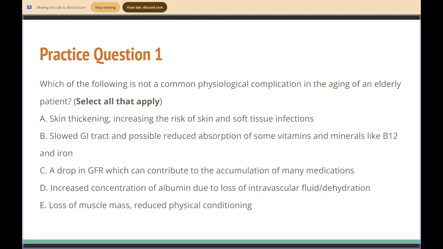So A is going to be skin thickening, increasing the risk of skin and soft tissue infections. Choice B, slow GI tract and possible reduced absorption of some vitamins and minerals like B12 and iron. Choice C, a drop in GFR, which can contribute to the accumulation of many medications. Choice D, increased concentration of albumin due to the loss of intravascular fluid and dehydration. Choice E, loss of muscle mass, reduced physical conditioning.